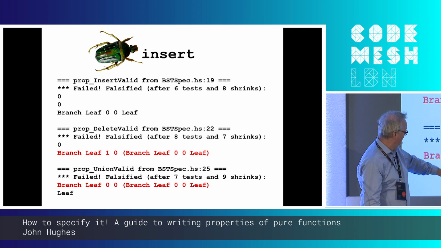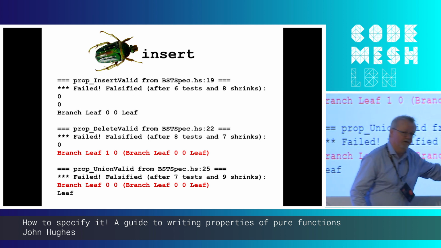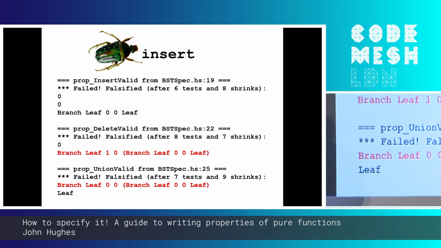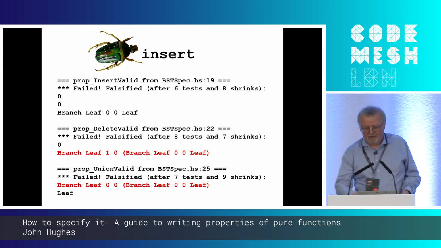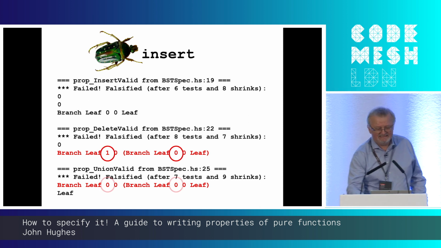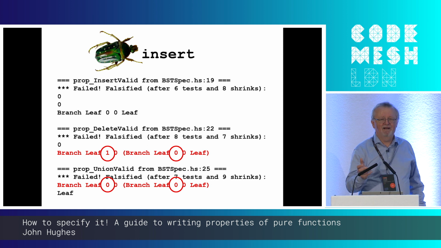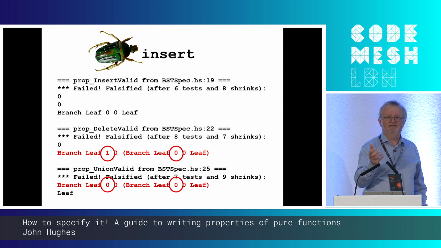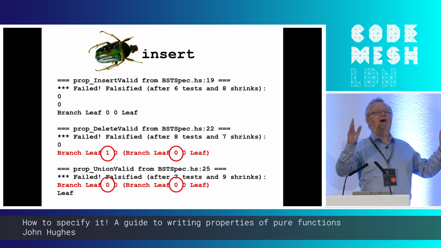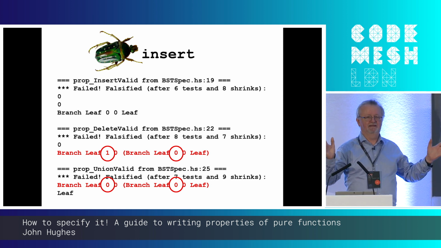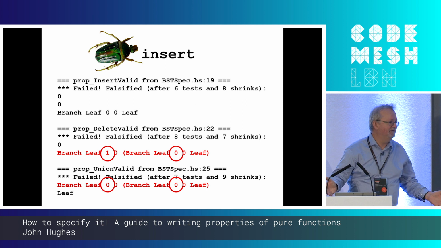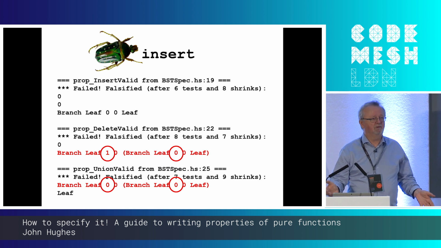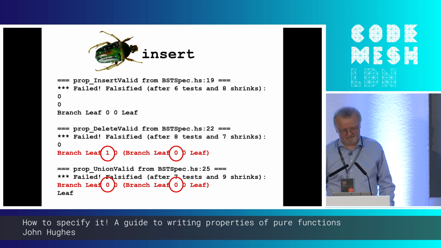Same thing happens for union. I've got 2 occurrences of the key 0. That's not allowed. So the problem is that what the properties actually say is that no matter what junk you give these functions, delete and union, they will somehow magically return a valid tree. And of course, we don't really mean that. Of course, we only want to test them on valid inputs.